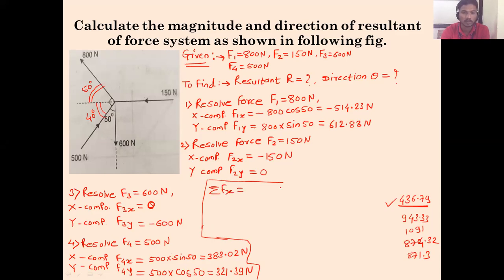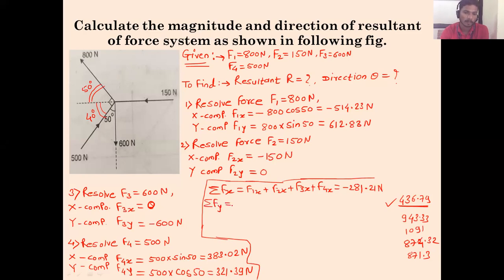Summation Fx is equal to F1x plus F2x plus F3x plus F4x. What is that? Minus 281.21. It is coming minus. Yes, minus 281.21 Newton.